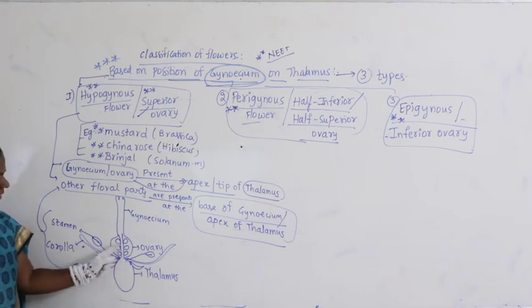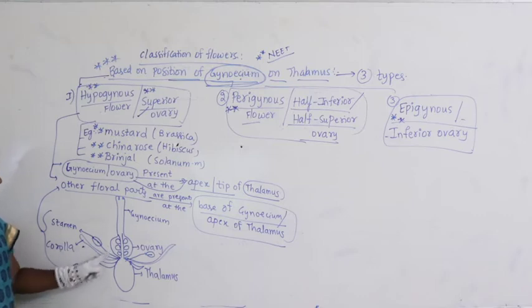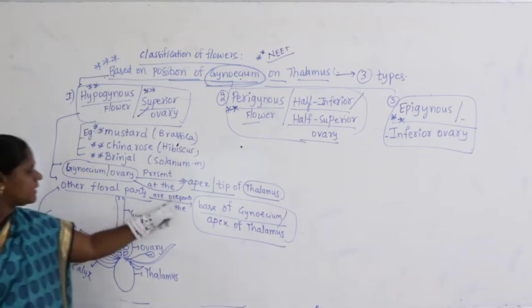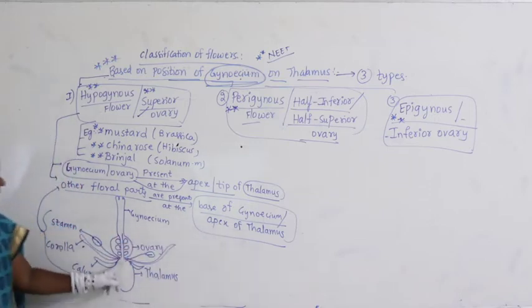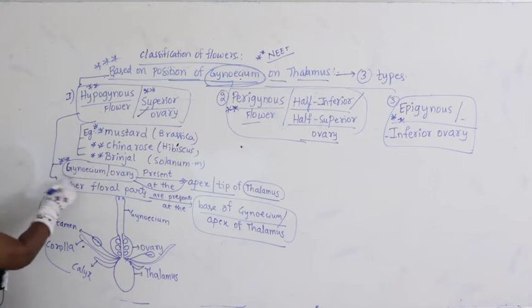If the gynoecium is at the tip of thalamus, what about the other floral parts? Other floral parts are present at the base of the gynoecium. Stamen, corolla and calyx are the other floral parts. Such a flower is called a hypogynous flower, or itself is called a superior ovary.